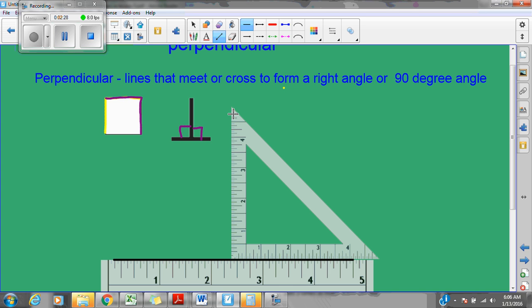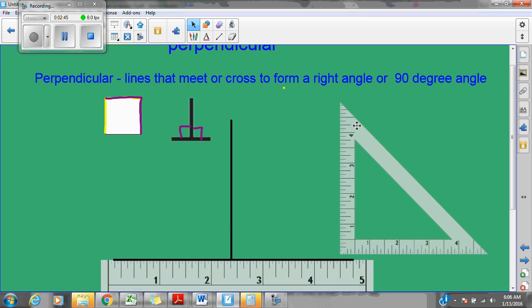And then you draw a line against the straight edge of the right angle template. Now you're using the straight edge of both objects to help you draw those straight lines. When you move the right angle template away, you'll notice that you've made perpendicular lines that are perfect because you've used straight edges.